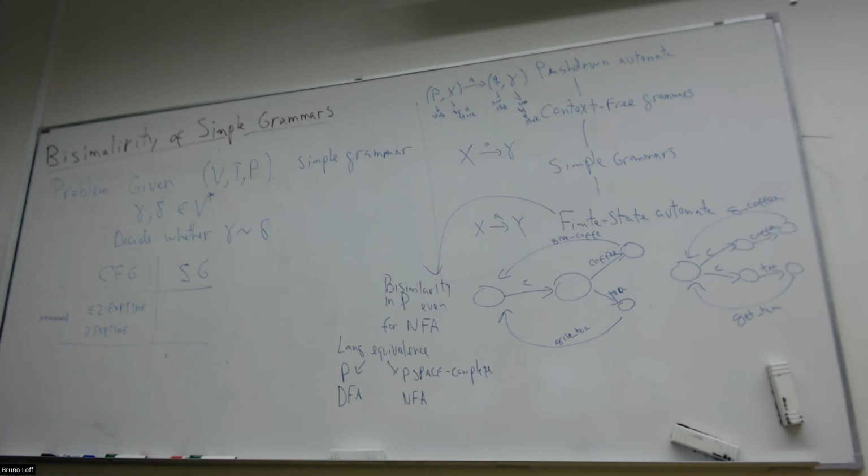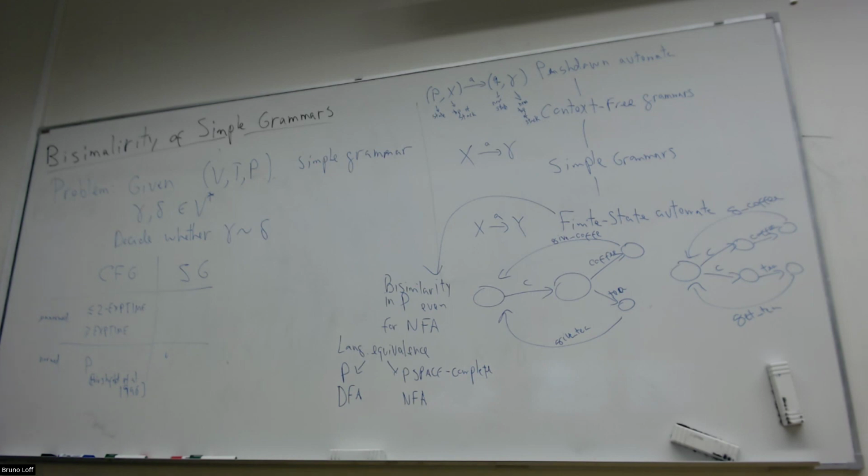I will define what the normed symbol is in a moment, but let me just finish this table. For the normed case, we know that there is a polynomial time algorithm, and this was shown in 1996.